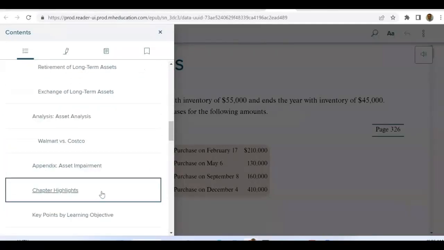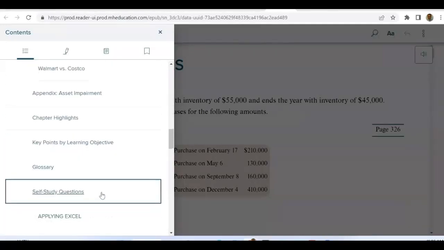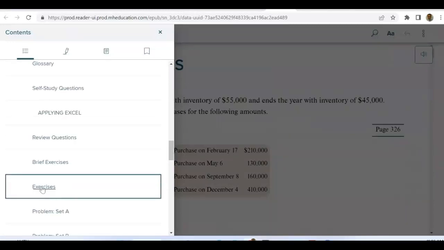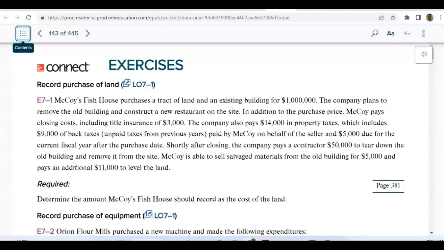So let's go and look at exercises and solve some of them, okay? Problem exercise 1, chapter 7 says, a company purchases a tract of land and an existing building for $1 million. The company plans to remove the old building and construct a new restaurant on the site.